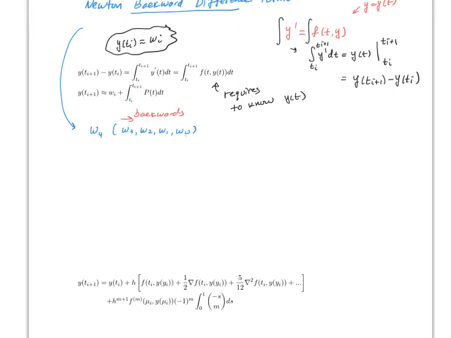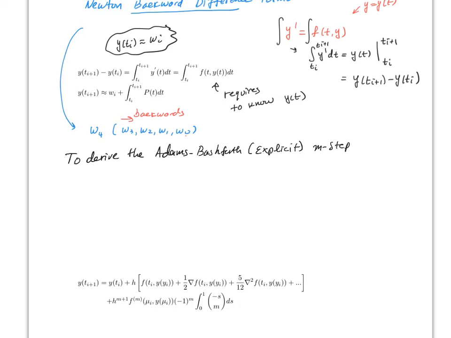So therefore, to derive the Adams-Bashforth methods, remember that these are the explicit m-step techniques.